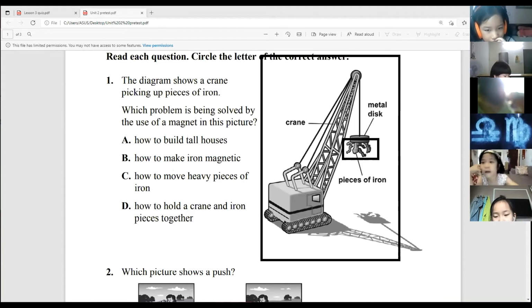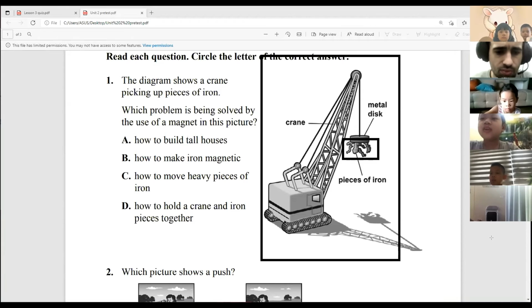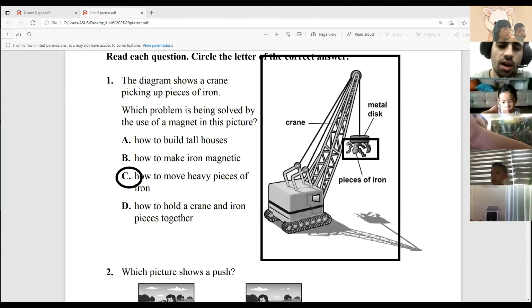I haven't had Ray answer a question. So Ray, what do you think the answer is? I think the answer is C. How to move heavy pieces of iron.